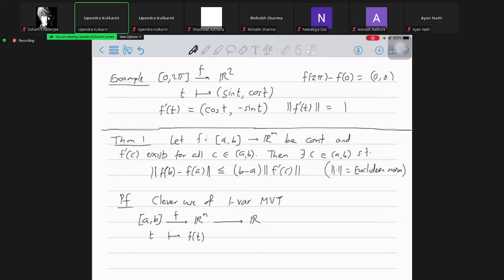So what function is there from Rn to R? Lots of functions, right? So these are functionals, correct? Linear maps from Rn to R. Any ideas so far? If somebody has something quick, then you can tell me. Otherwise, we'll go on. Yeah, right, projections.